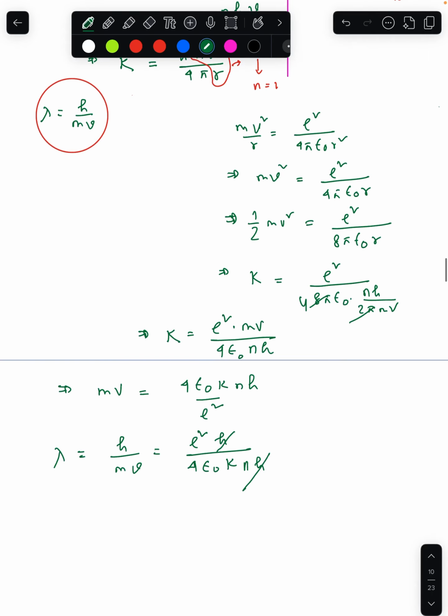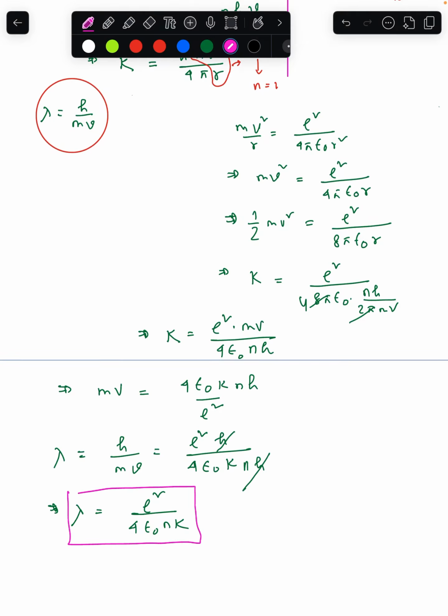So we are getting the result lambda is equal to E square by 4 epsilon naught n into K. This is the value of lambda. Again, we have to check between two levels, that is from n to n equal to 1.